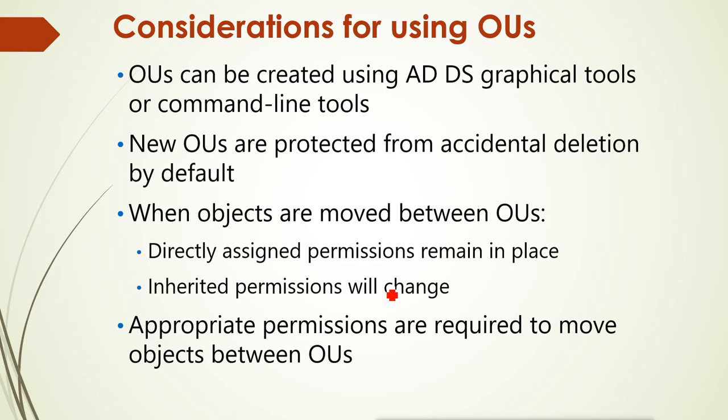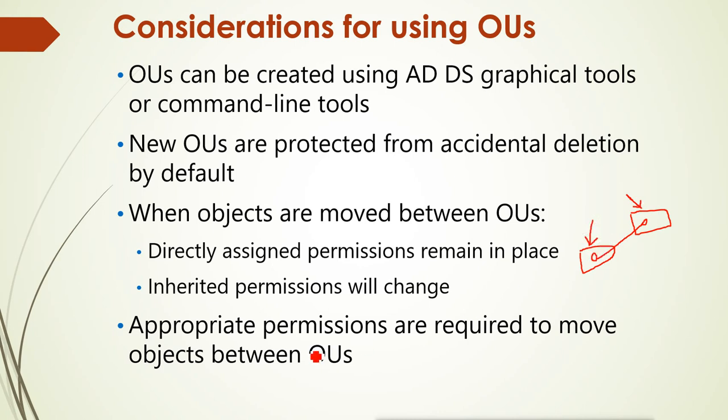So when you move an object from one OU to another OU, the directly assigned permissions, that means the permissions which we have assigned directly to that user, will remain the same, but the inherited permissions will change. That means if you move this user from one OU to the other OU, the permissions we have given directly will remain the same, but the inherited permissions, that means the permissions coming from the upper OUs, will change based on these OUs.